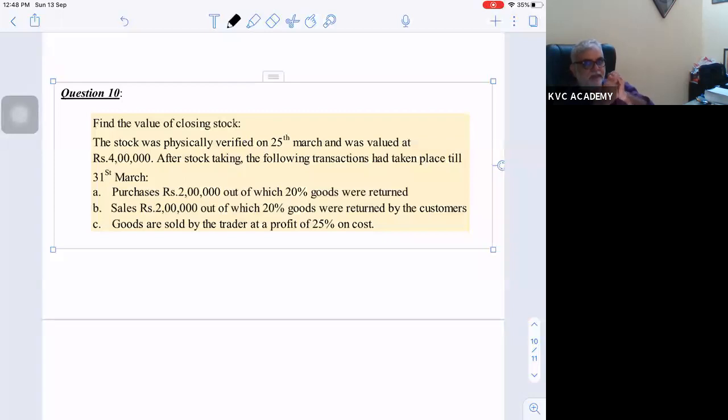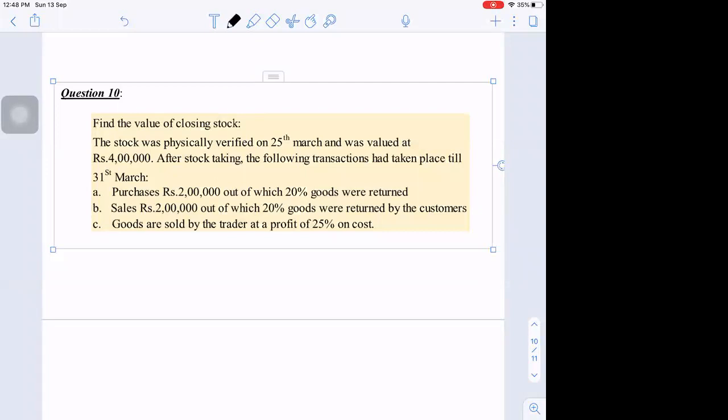Okay, so I have to take the cost price of sale. Good selection. So 1 lakh 60 is the selling price. If selling price is 25% on cost, how much is it on sale? 20%.